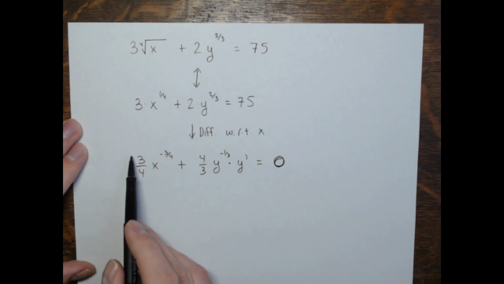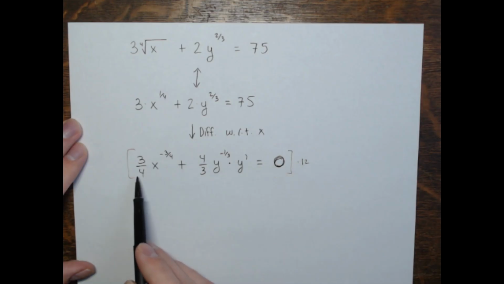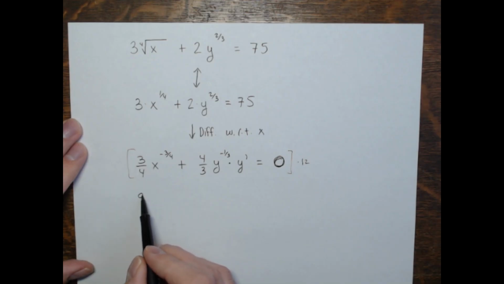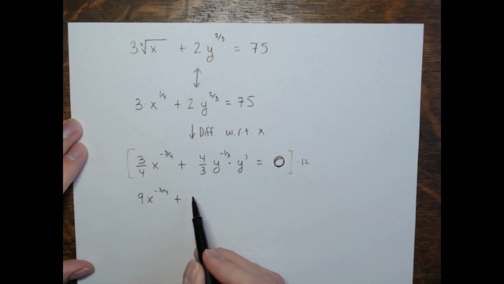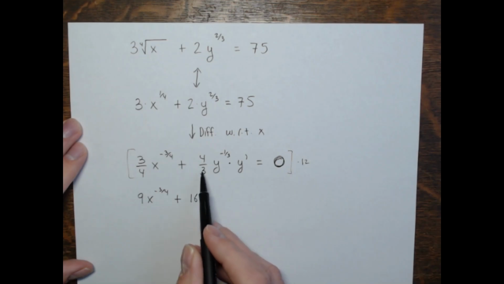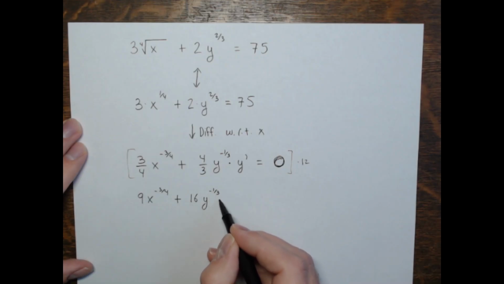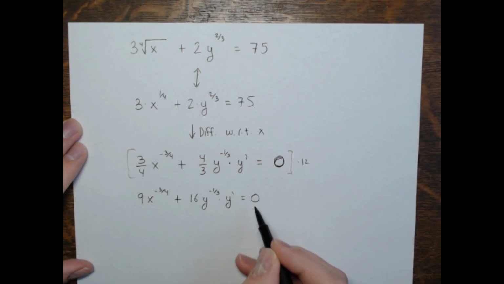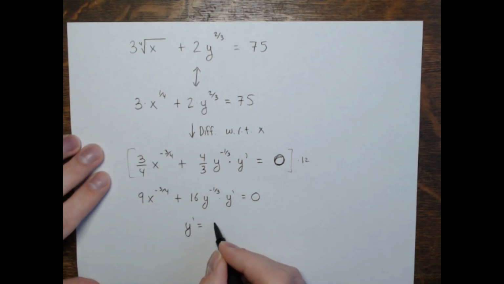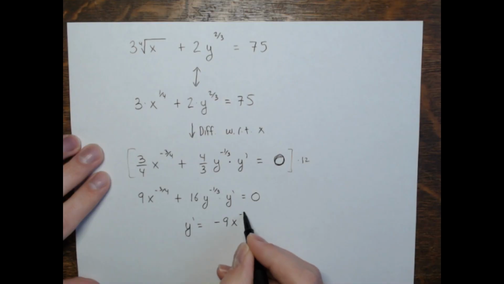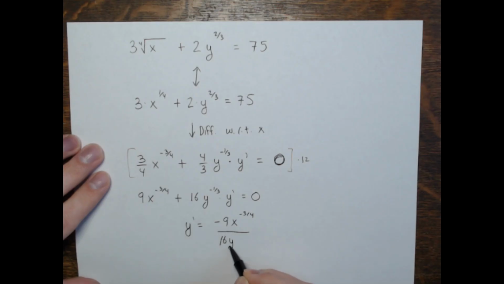Now, if you don't want the fractions involved, you multiply both sides by 12 here. That would be the least common denominator. So that's 9 times x to the negative 3/4 plus 16, 4/3 times 12, times y to the negative 1/3 times y prime equals 0. And then solving this for y prime, I would subtract the 9x to the negative 3/4 and then divide by the 16 y to the negative 1/3.